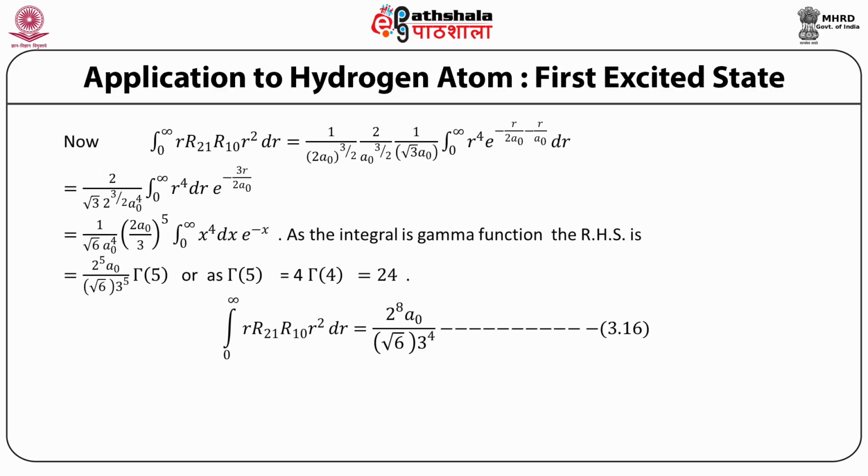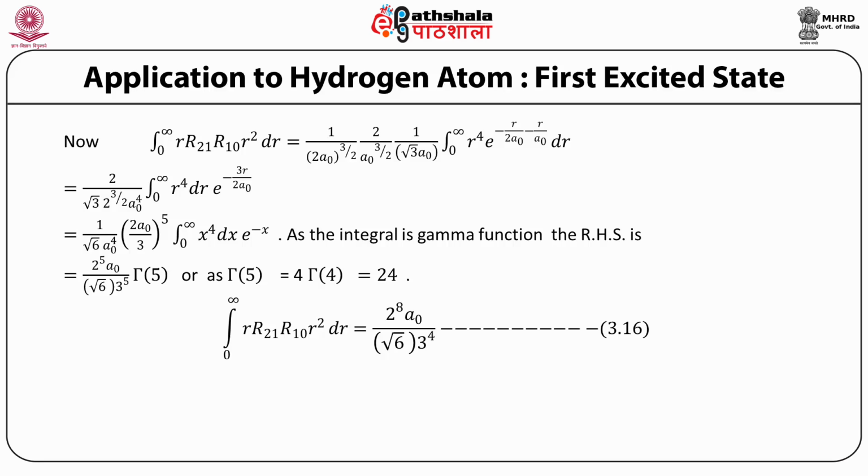Now, the integral of r times R21 times R10 times r squared dr from 0 to infinity can be written as an integral over r to the fourth dr, exponential minus r by 2a naught minus r by a naught. The extra r, r to the fourth, comes from R21, which has in the numerator a term r.